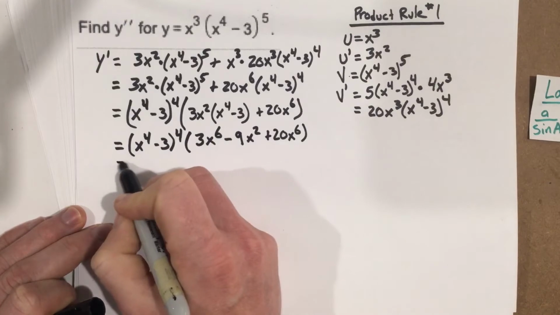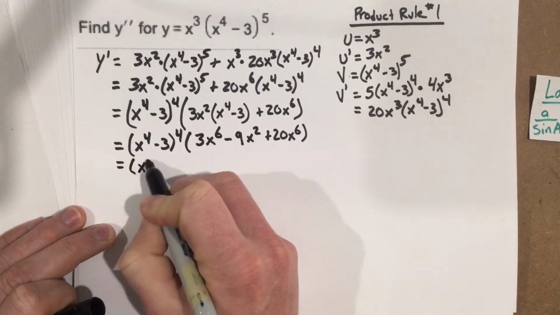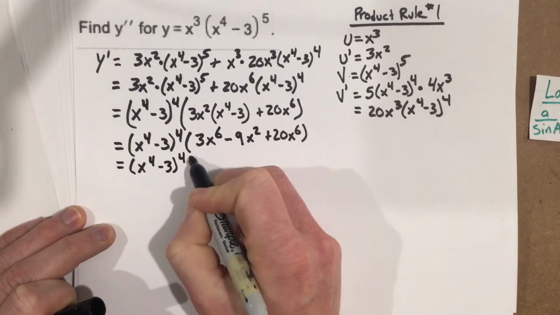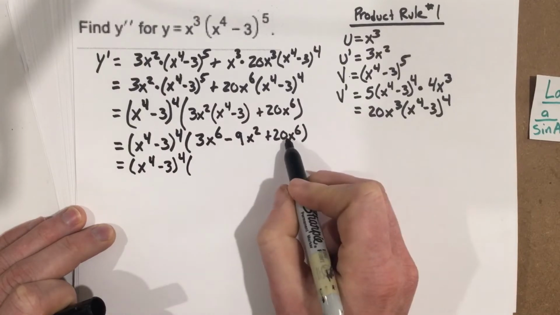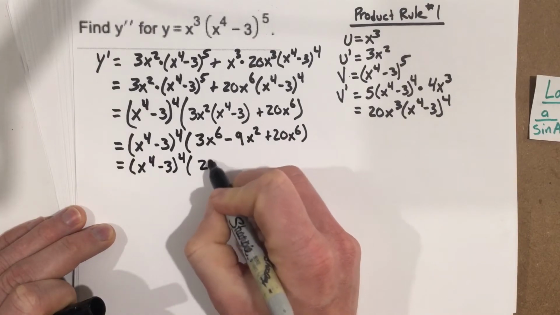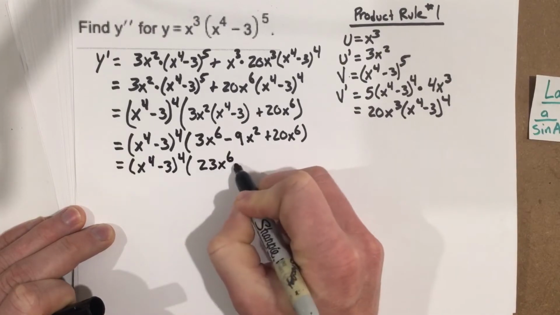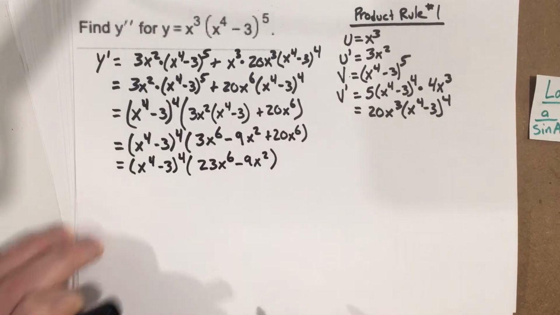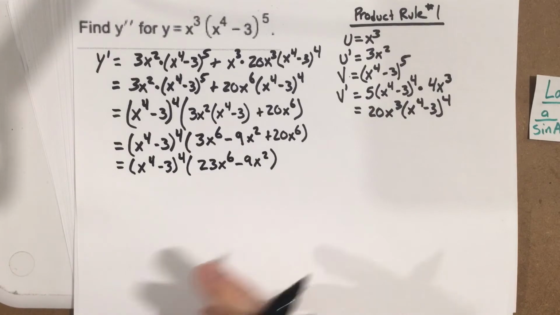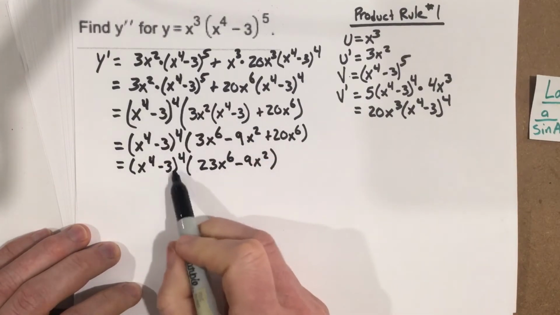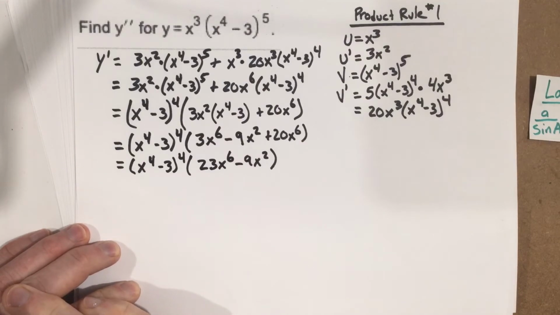And then I can say that that is (x to the fourth minus 3) to the fourth, and then I have 3x to the sixth, and 20x to the sixth is 23x to the sixth, minus 9x squared. So I think we got a little bit simpler. We went from having two different product rules when we take the second derivative to just having one product rule, which I think is advantageous for us.